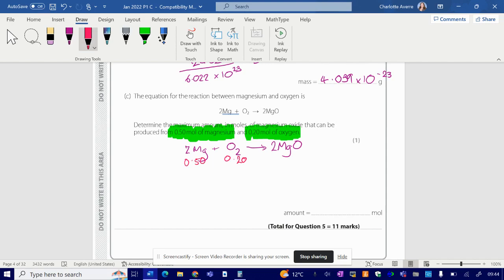Okay, so we're starting with that many moles. I'm going to imagine that I have reacted 0.1 moles of this oxygen. If I react 0.1 moles of that oxygen, I will be left with 0.1.